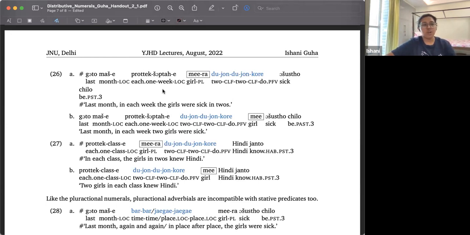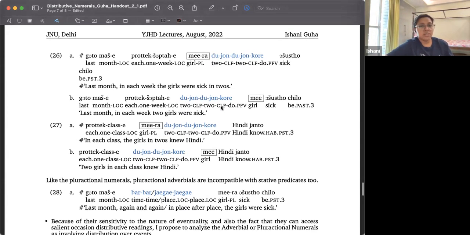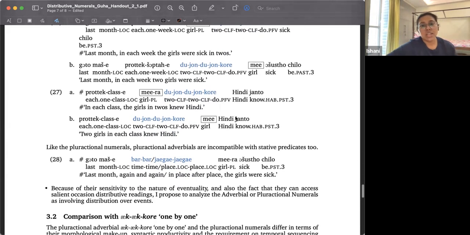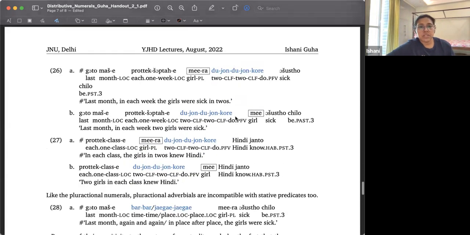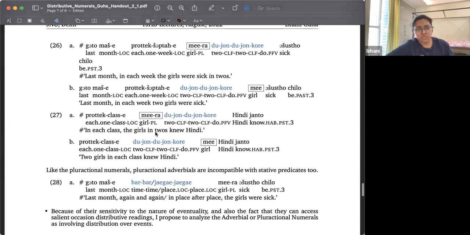Something that we saw for verbal predicates formed with kore is retained by the adverbial numerals. That is sensitivity to the nature of the eventuality, whether it's an active predicate or a static predicate. That shows up for the adverbial ones, doesn't show up for the adnominal ones. So 26 and 27 are 2 examples of that.